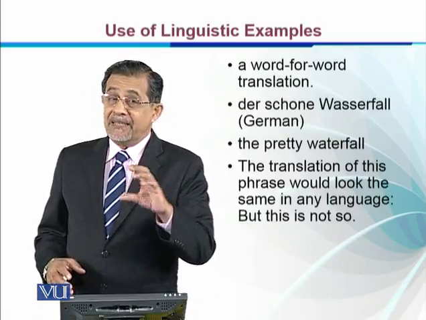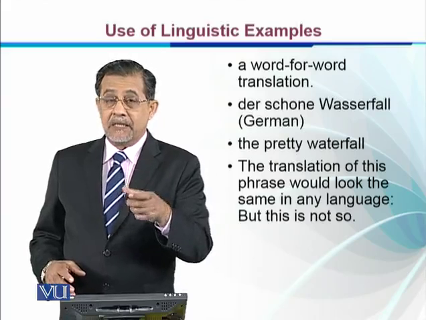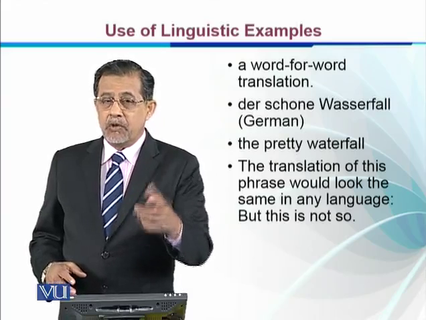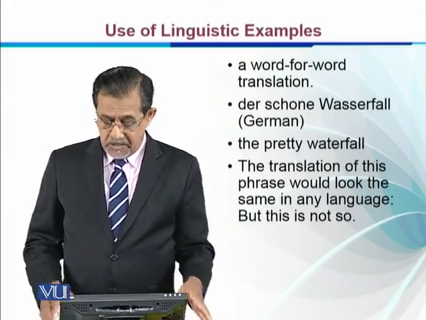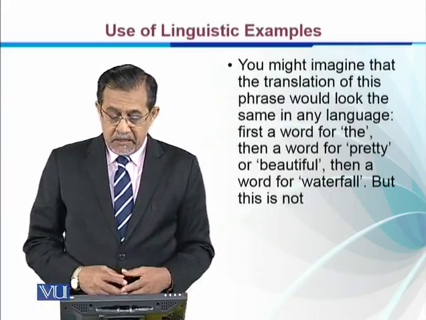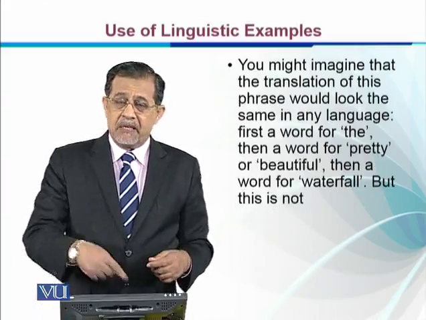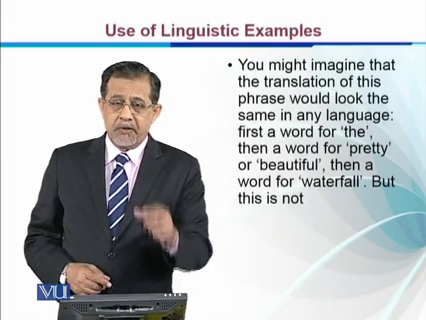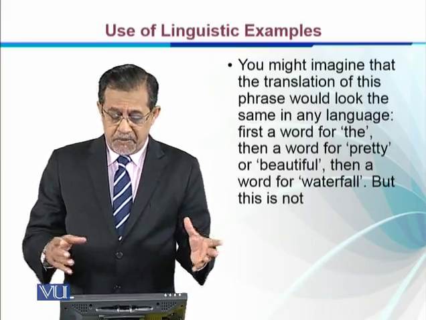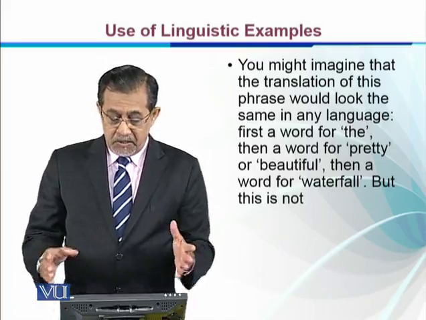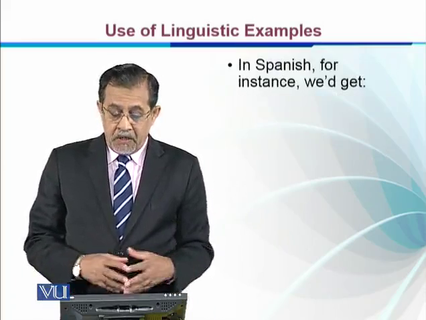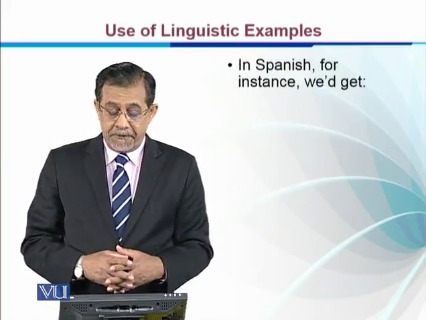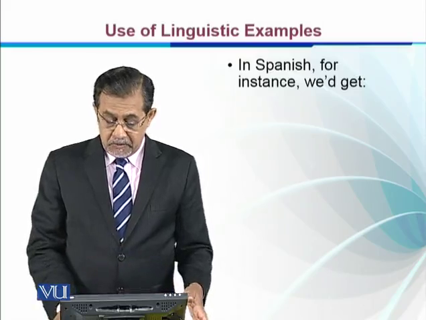But does this similarity apply to other European languages? Let's see. For example, we have seen that they have the similarity. Der for the, schöne for pretty, and beautiful, all the same words. But let's take the example of the Spanish language.